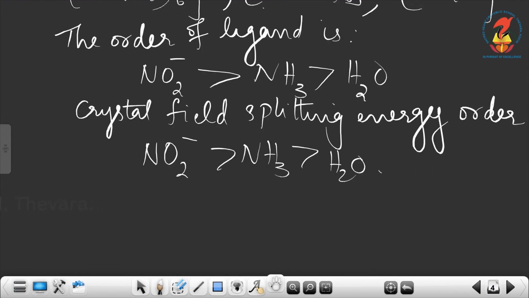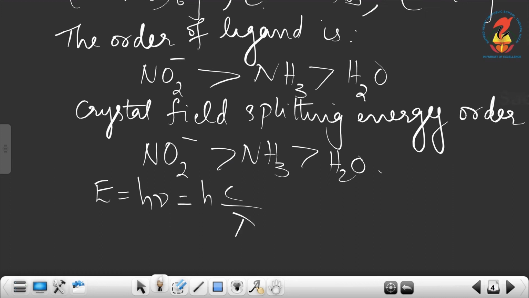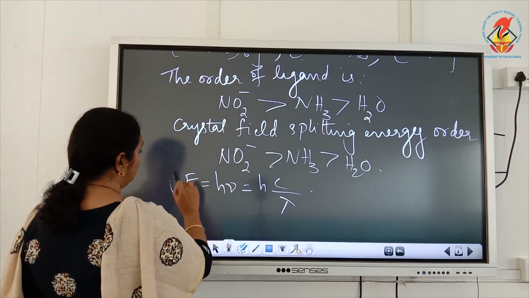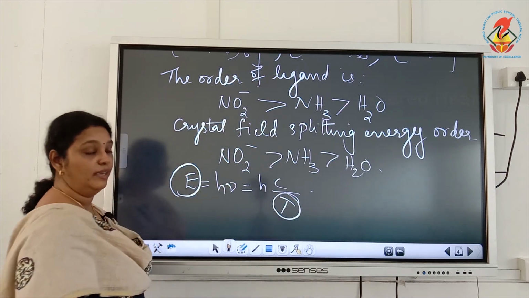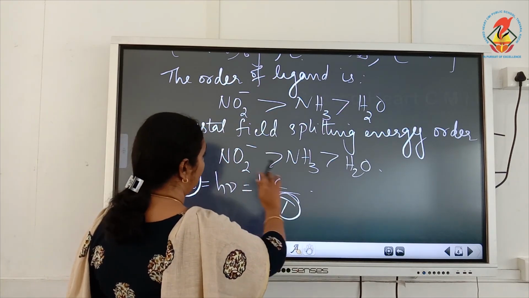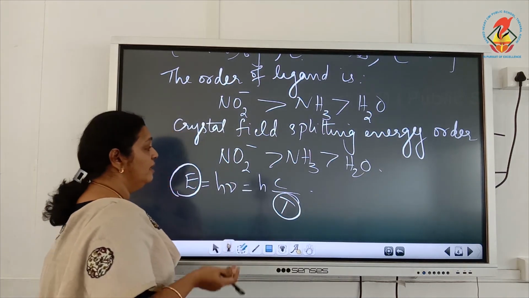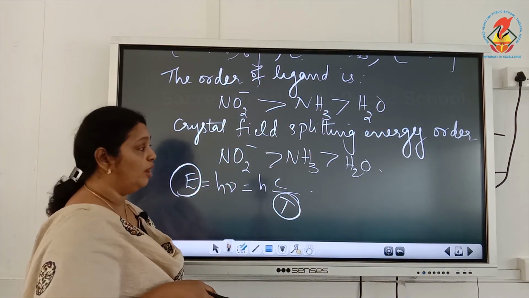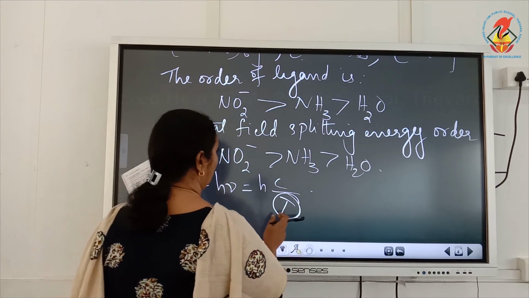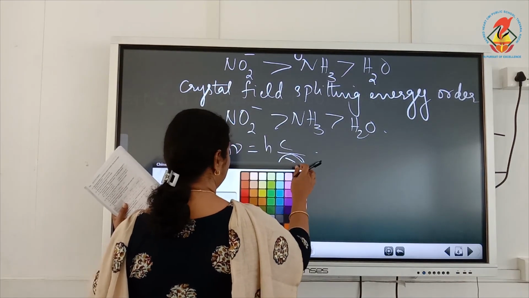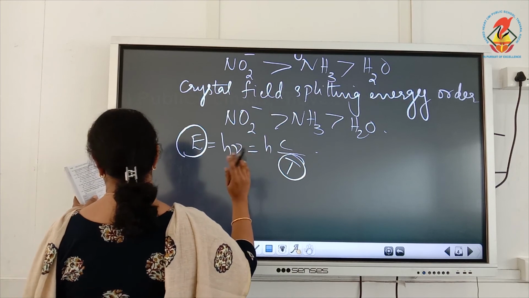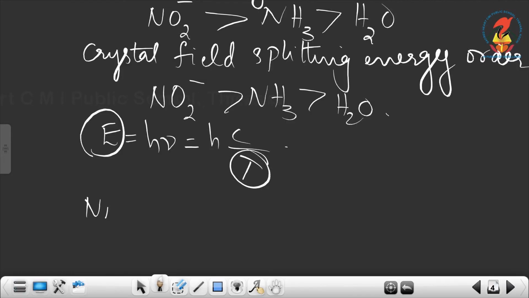Now, according to Planck's quantum theory, E is equal to h nu or hc by lambda. You know the relation between energy and wavelength, they are inversely proportional. So crystal field splitting energy is in this order, which means the wavelength absorbed will be in the reverse order. Who will have the highest wavelength absorbed here? H2O. So the answer is [Ni(H2O)6]2+ greater than [Ni(NH3)6]2+ greater than [Ni(NO2)6]4-.